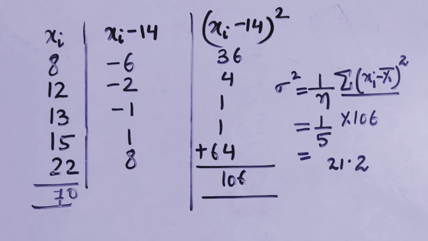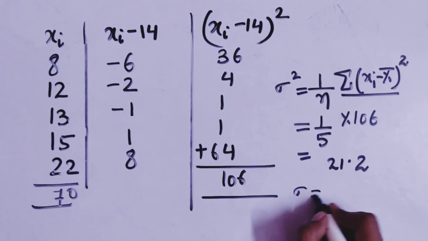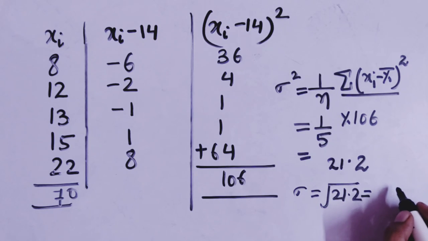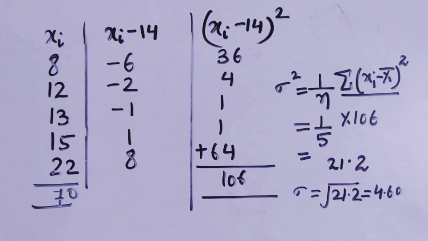So what will be the square root of 21.2? The square root of 21.2 will be 4.60 something. So it will be the standard deviation and this will be the variance. So I think you now have clarity on how to calculate variance and standard deviation in the case of an individual distribution series.